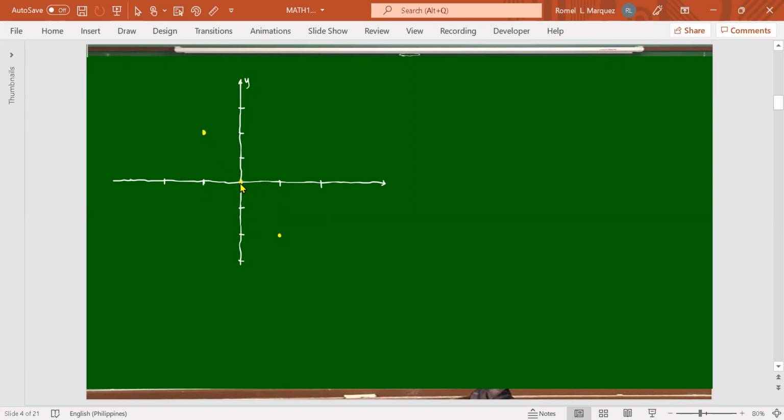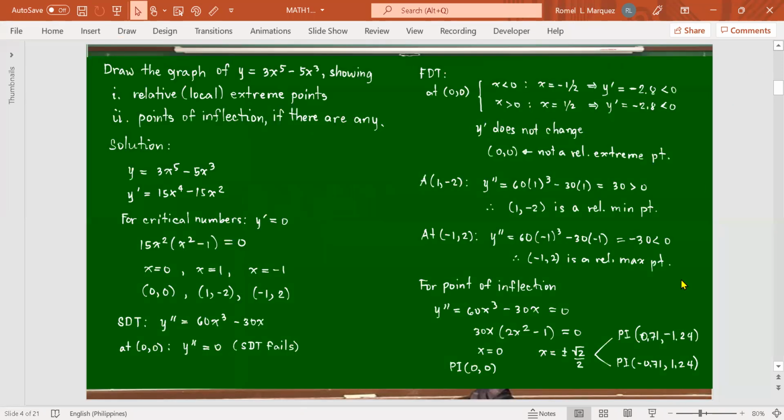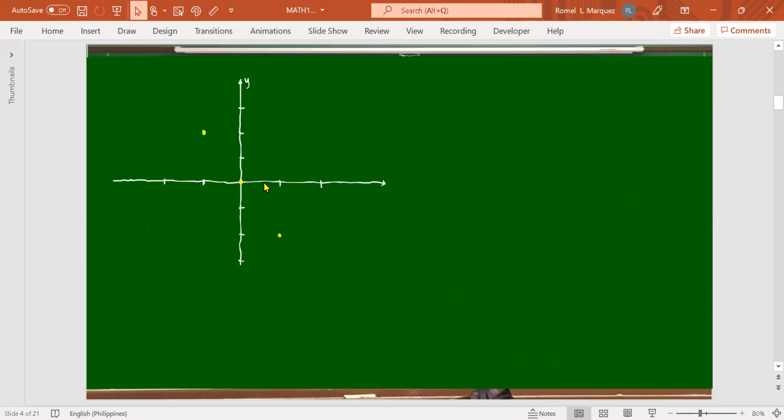Yan. This is a point of inflection. There's another point of inflection. Where is that, guys? And another one, no? 0.71, negative 1.24. Point somewhere here.